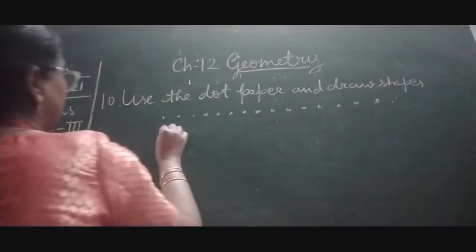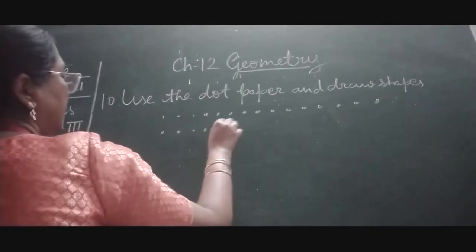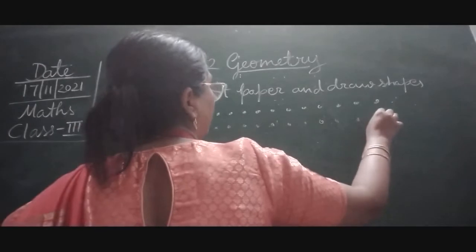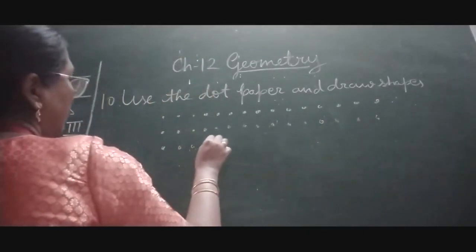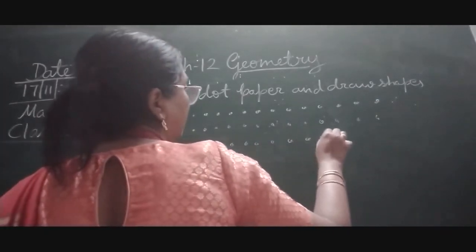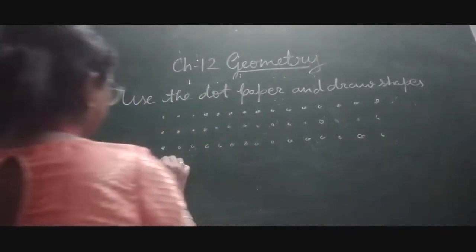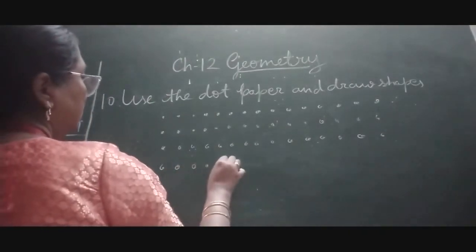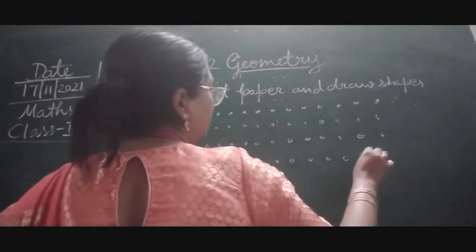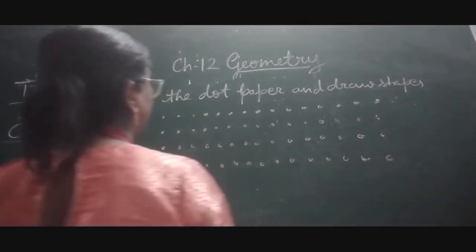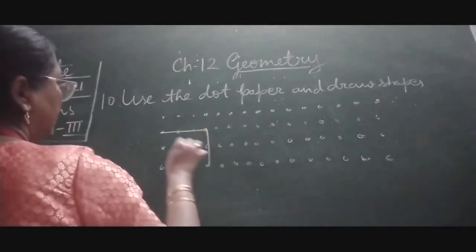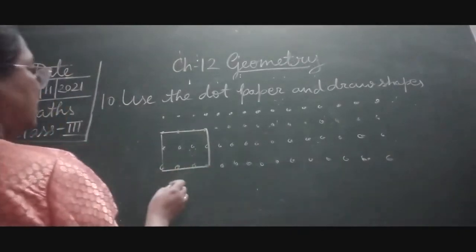Okay children. I am just making dots because we don't have dot paper right now. So I am giving the demonstration of how to make shapes with the help of dots. Okay children, I think this is enough. So first we will draw a square. Okay, a square. This is a square.